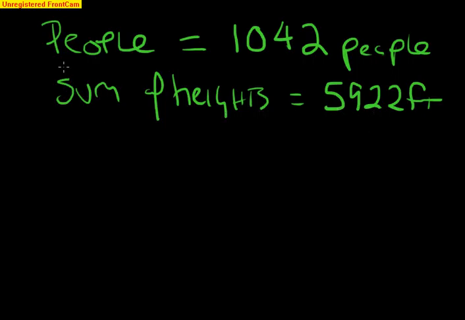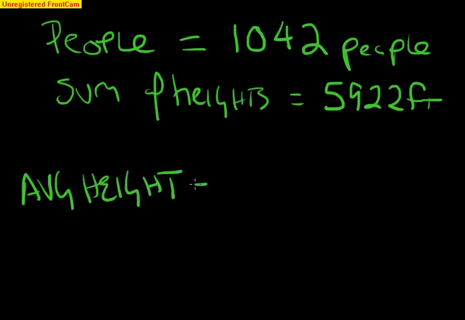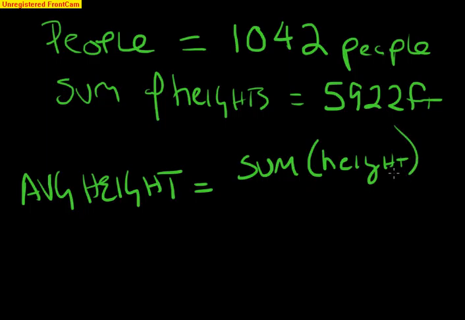So if we want to calculate the average height, it's going to equal the sum of our objects, so this is going to be our height, divided by the number of objects.